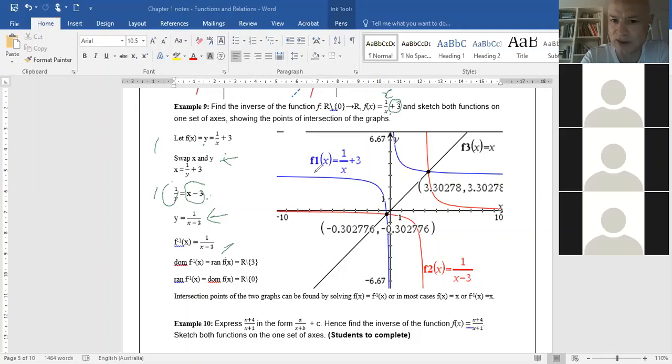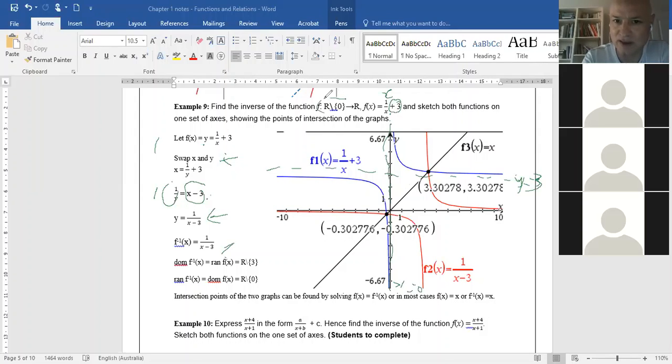That's the blue one. So there's the line y equals 3. I should have put that in before. Y equals 3, that is an asymptote, and x equals 0 is an asymptote for the original one. Now we can find our domain. Our domain is all reals except x equals 0.